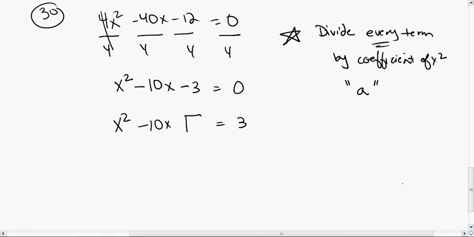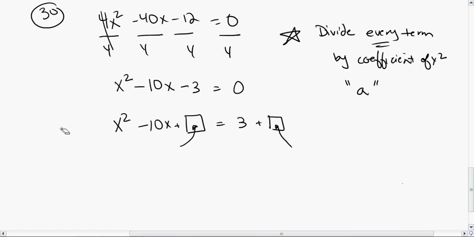And I have a space that I'm leaving on both sides of the equation. I need to look for a number to put into that space on both sides so that I can complete the square on the left. Remember, I want to end up with something that looks like something squared on the left and some number over here on the right.